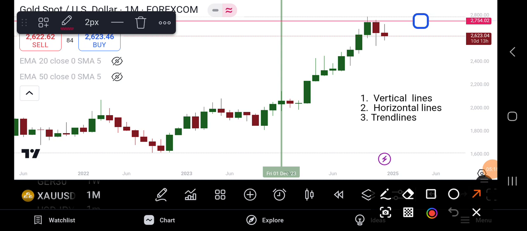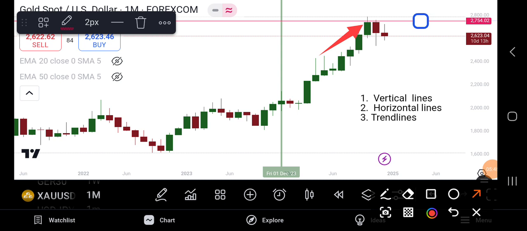If you use the horizontal, and you are placing it right on top where those two wicks are sitting next to each other, or those two candles are sitting next to each other, those are technically equal highs, right?